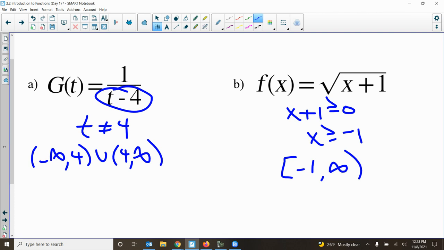But in this case, it's just t minus 4 equals 0, so t is 4. Here, underneath the square root, make sure it's not negative. Solve the inequality and then figure out where your domain is. Questions on that? Finding domains?